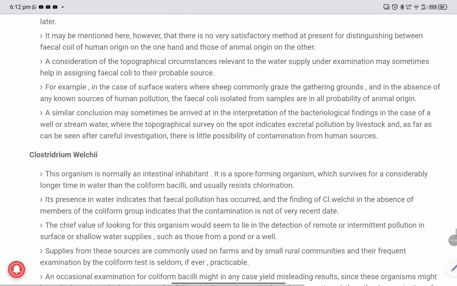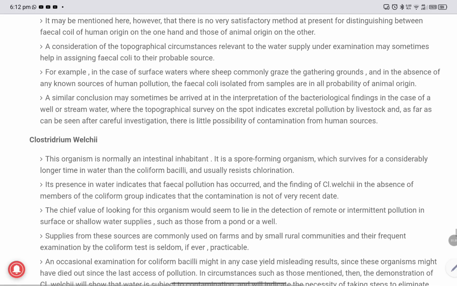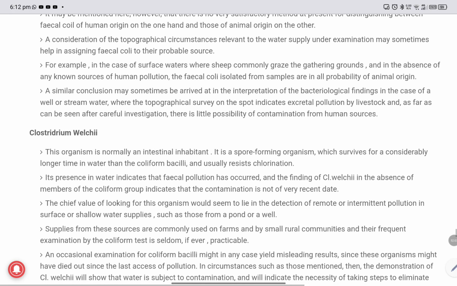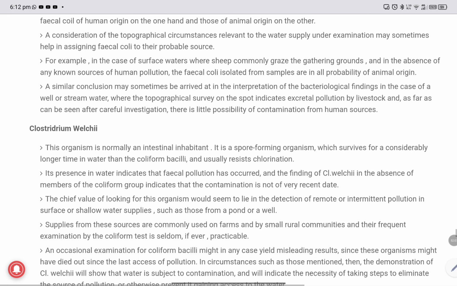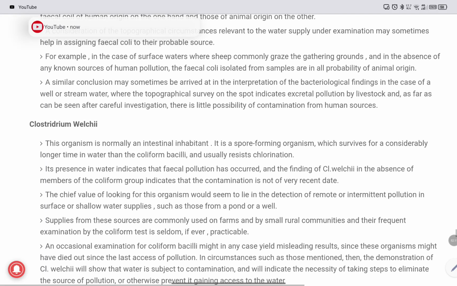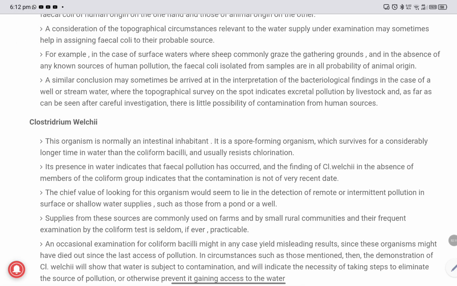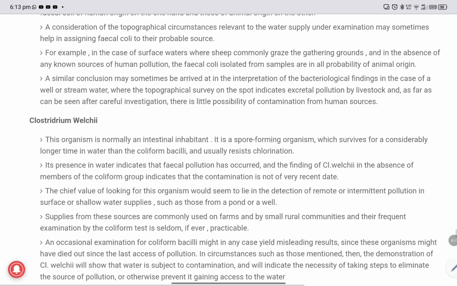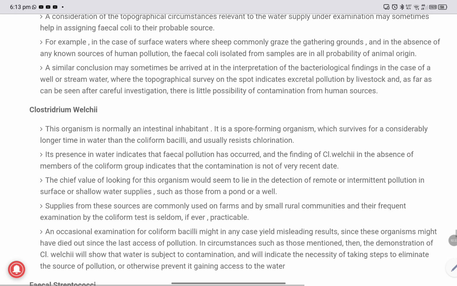A consideration of the topographical circumstances relevant to the water supply under examination may sometimes help in assigning fecal coli to their probable sources. For example, in the case of surface water where sheep commonly graze the gathering ground and in the absence of any known source of human pollution, the fecal coli isolated from a sample are in all probability of animal origin.